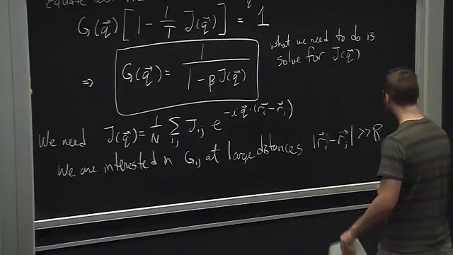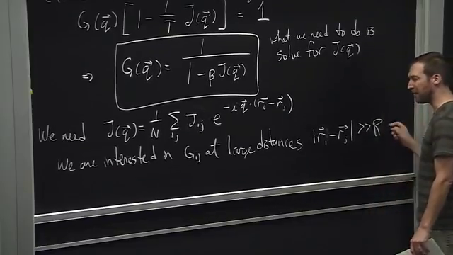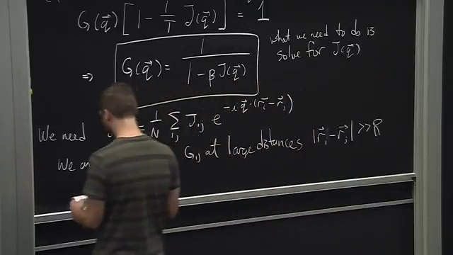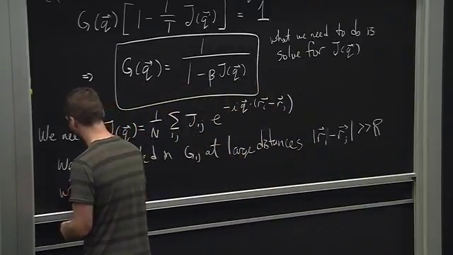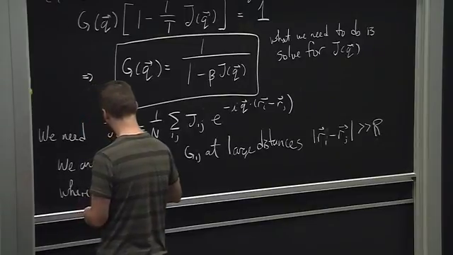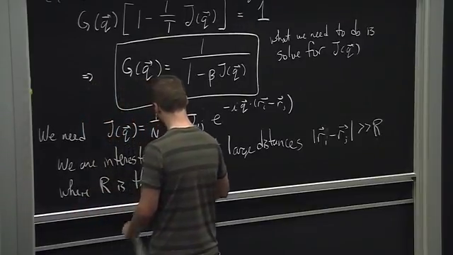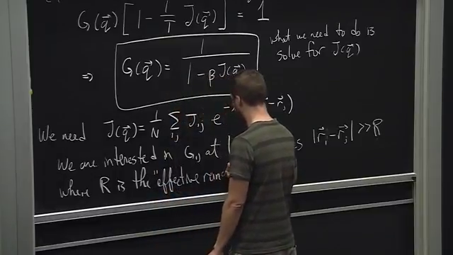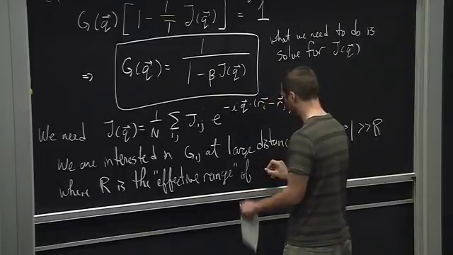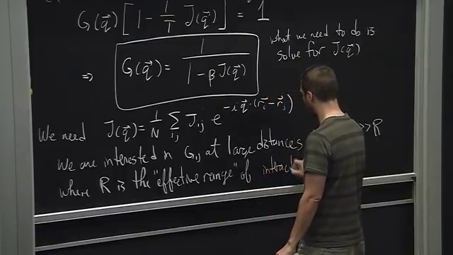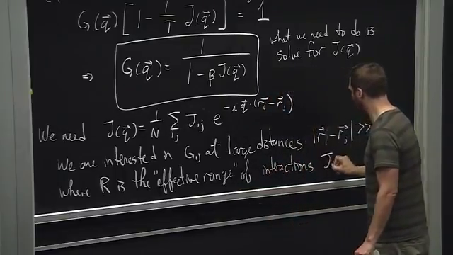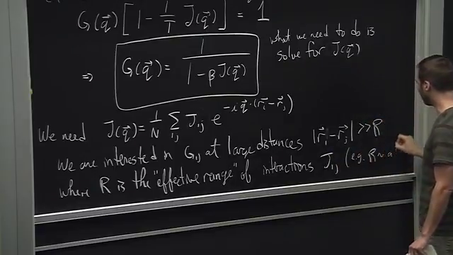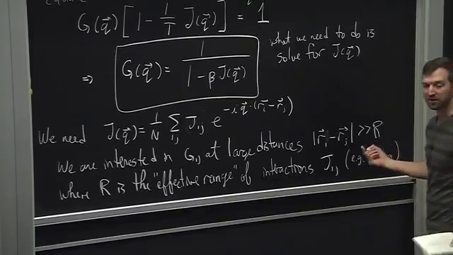So I'm just defining it in a vague way, but that's the range that you have to worry about. It's the range of the interactions. So for example, it could be approximately equal to a, but not necessarily.